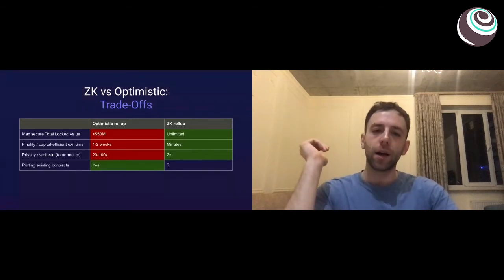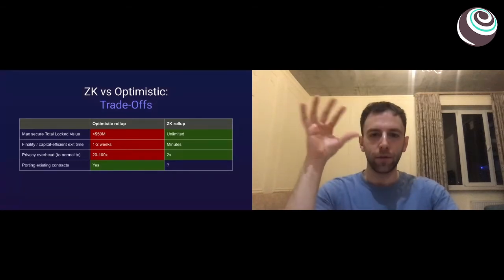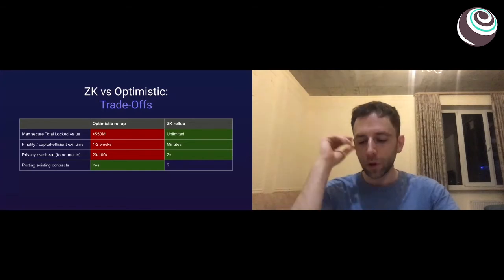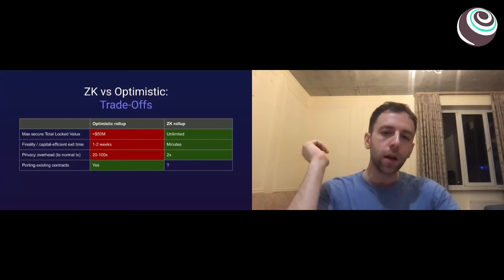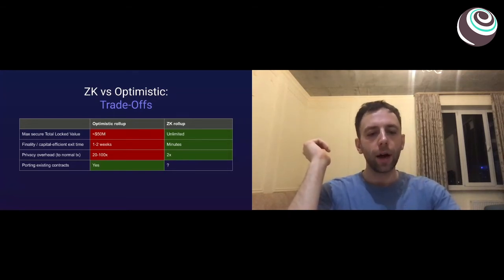So it brings a very interesting set of trade-offs. I want to highlight that this is really, really important to understand if you're taking a decision which rollup you want to use. Let's start with the most important one, that is security. So optimistic rollups rely on the one-honest-validator assumption.